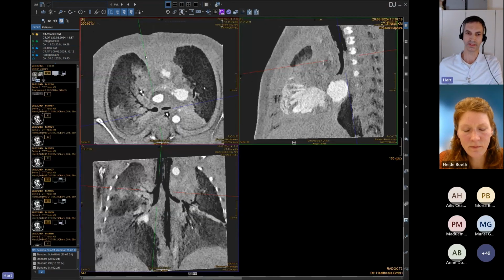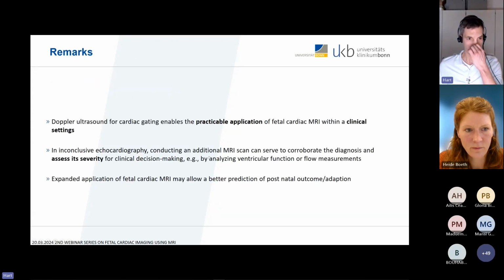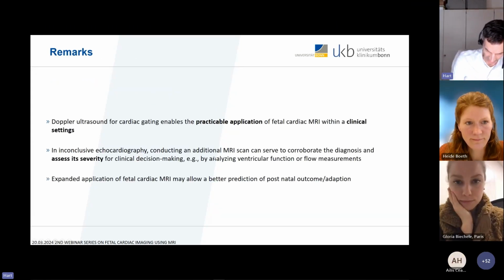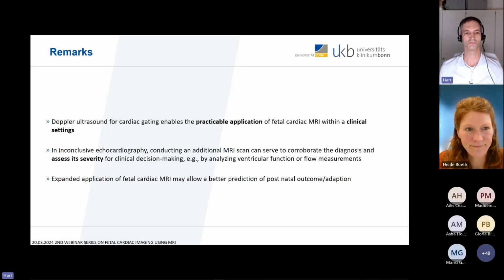And you see less airway compression, especially to the left side over here. So this is my clinical presentation of this case. And of course, the Doppler ultrasound for cardiac gating enables us to have fetal cardiac MRI within a clinical setting.